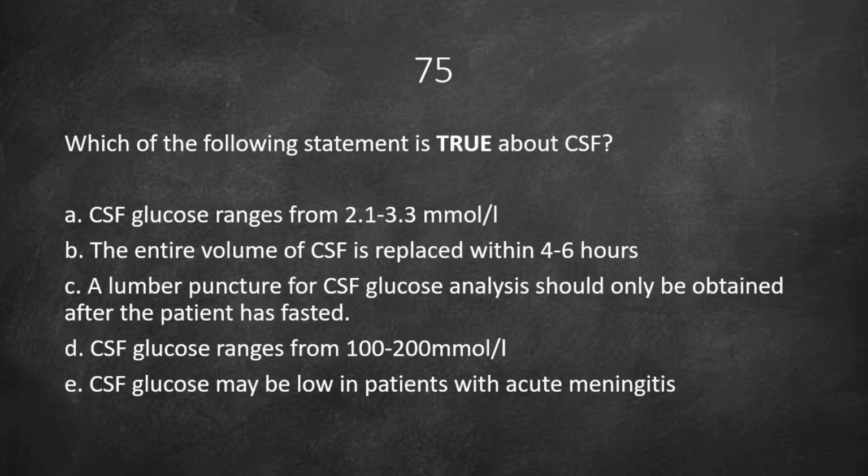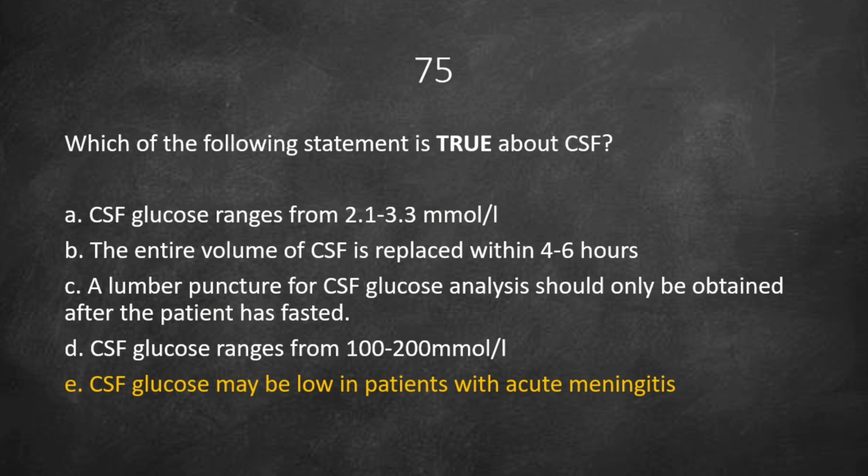Then C, a lumbar puncture for CSF glucose analysis should only be obtained after the patient has fasted. Then D, CSF glucose ranges from 100 to 200 millimole per liter. Then option E, CSF glucose may be low in patients with acute meningitis. So the correct answer here is E, CSF glucose may be low in patients with acute meningitis.